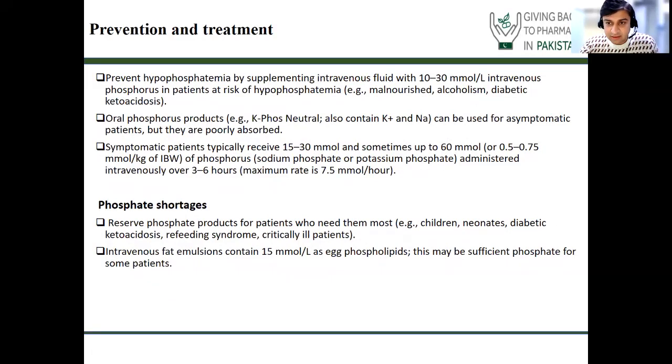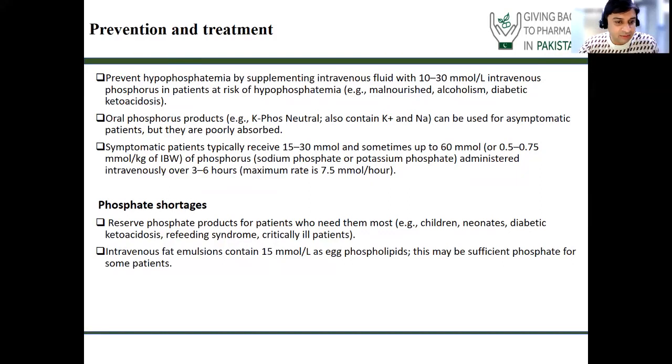Similarly, patients who are alcoholics have hypophosphatemia, and they are also at high risk to develop refeeding syndrome. Diabetic ketoacidosis. Our oral phosphate products, like the Joulie's solution we have in our hospital, we usually give to asymptomatic patients, but that is very poorly absorbed.